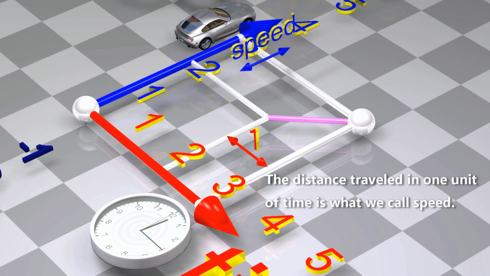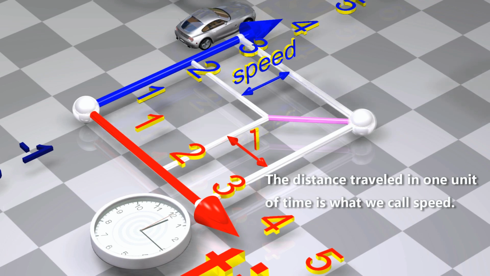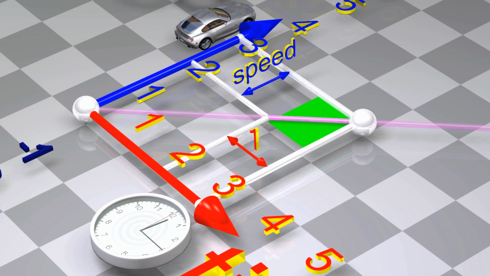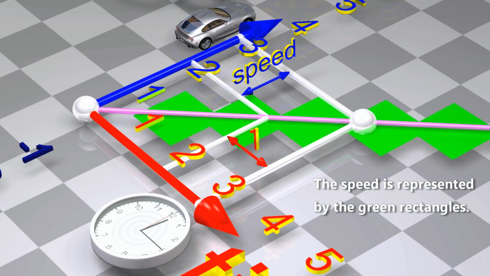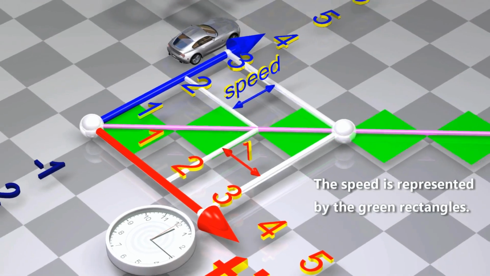The distance traveled in one unit of time is what we call speed. The speed is represented by the green rectangles.